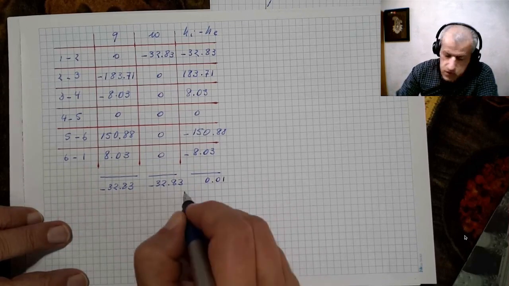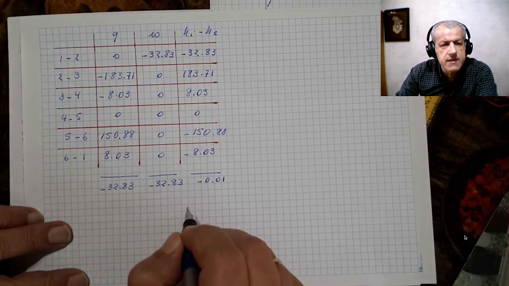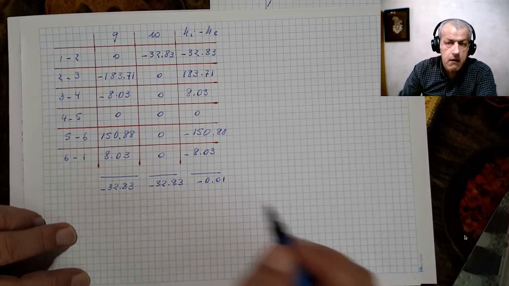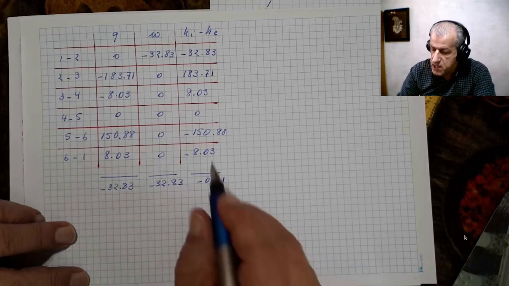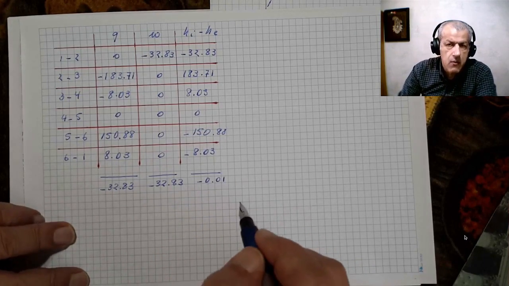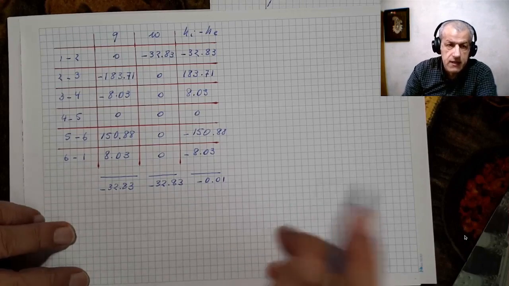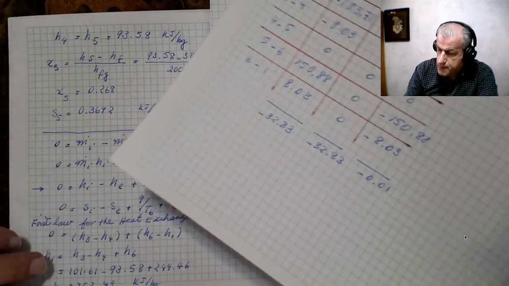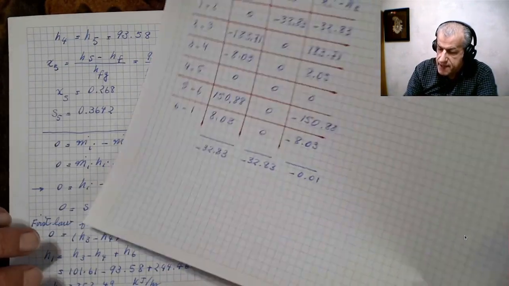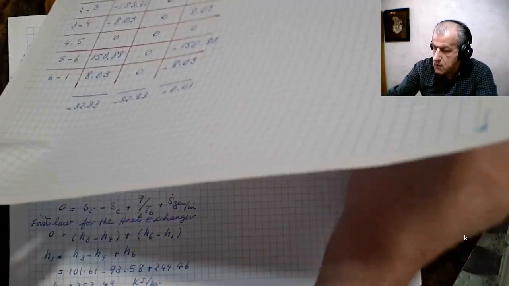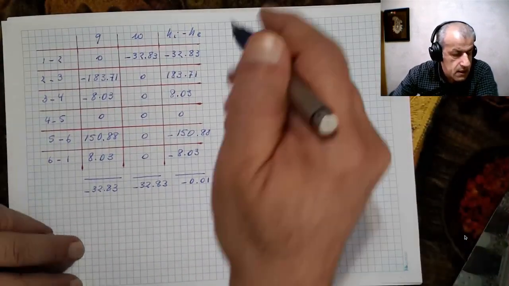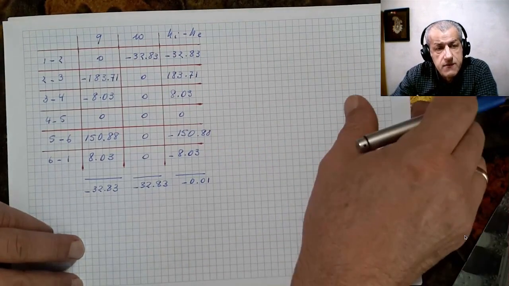In fact, what you would calculate here is minus 0.01, which is good enough. Some approximations have resulted in just 1% error in the cycle calculation for enthalpy. Now, once we have these values, we could see what cycle properties we could calculate.